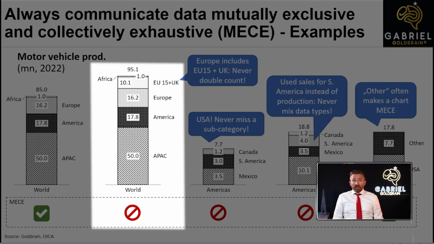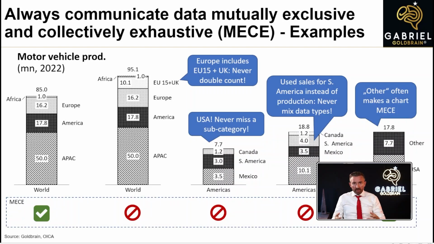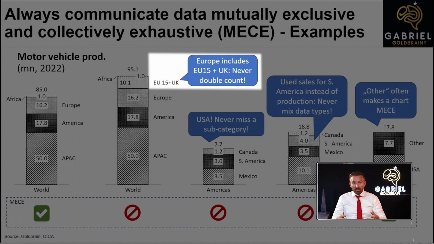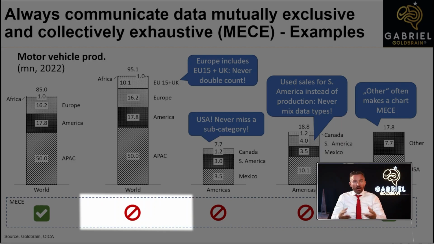To this chart, EU 15 and the UK were added. That means the total is bigger than the world total. And also there is an overlap because EU includes the EU 15 and the UK. Therefore, the chart is not MECE.